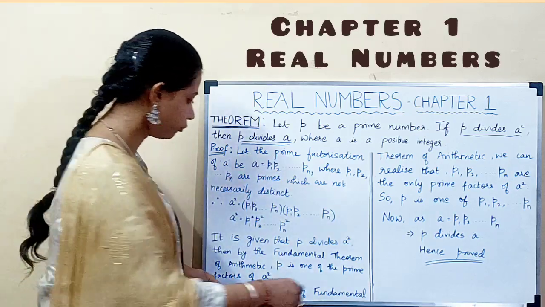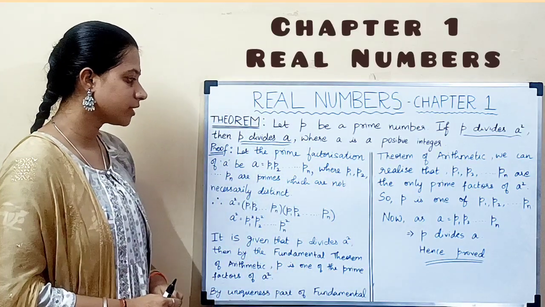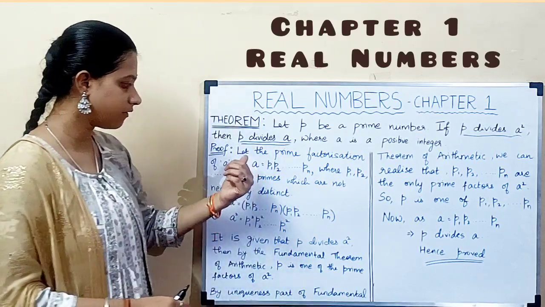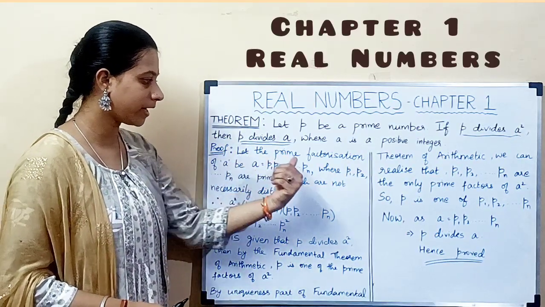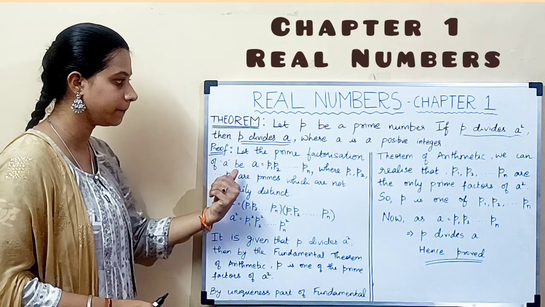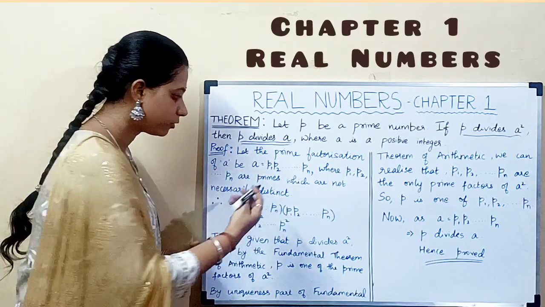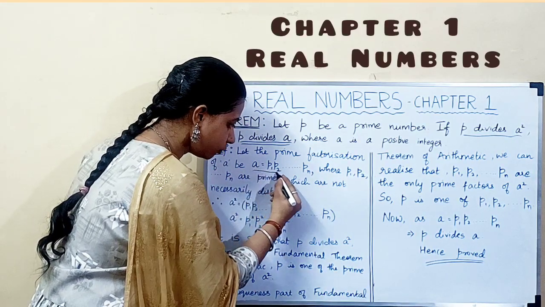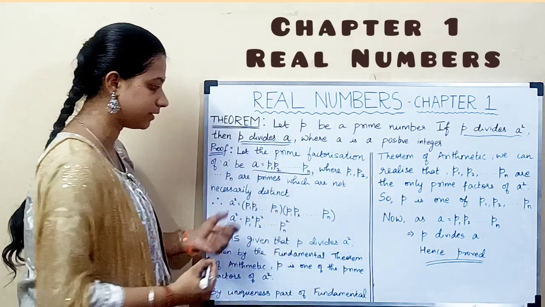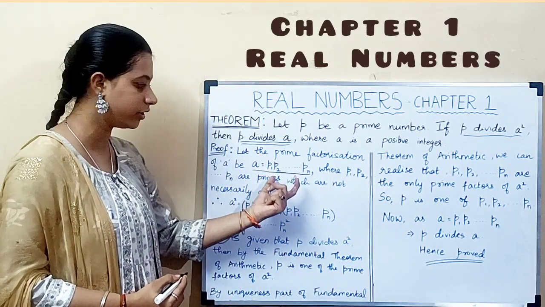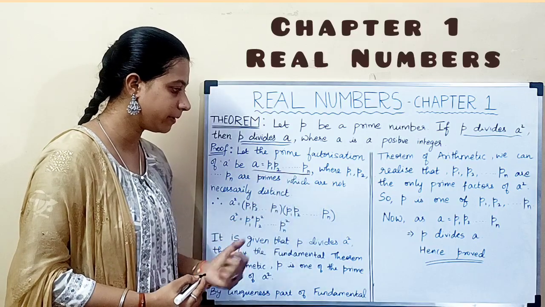Now let's start with the proof. First, let the prime factorization of A be A equal to P1, P2 up to Pn, that is, the product P1 into P2 into ... up to Pn.